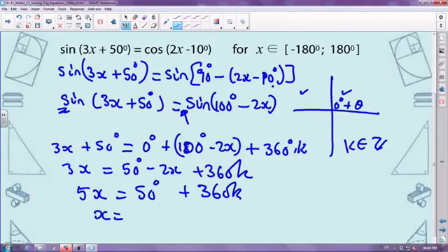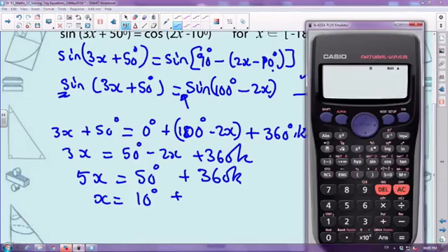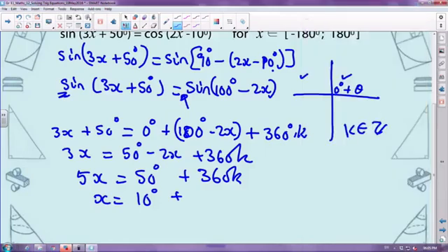So x is, dividing by 5 throughout, x is 10 degrees plus 360 divided by 5. I'm just like you guys now, I'm lazy to use my brain, I've got a calculator. That is 72. So 72 degrees times k, and k is an element of any integer.